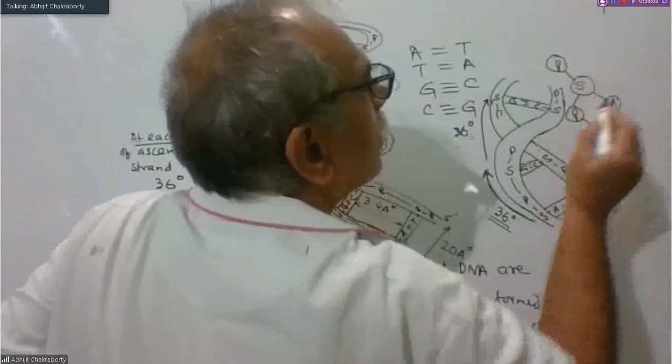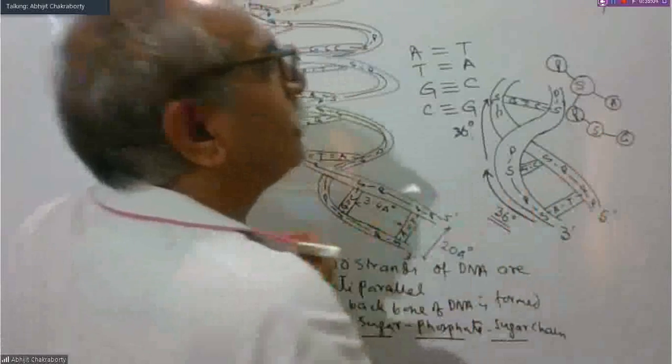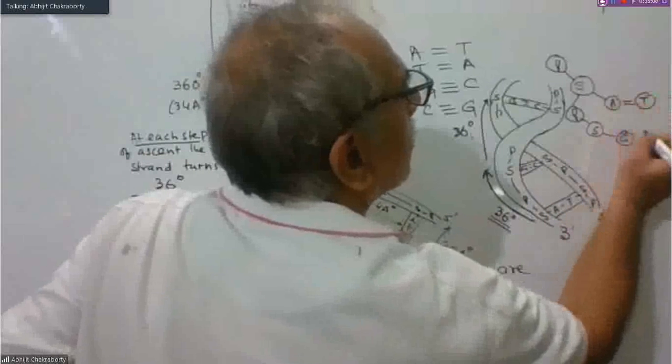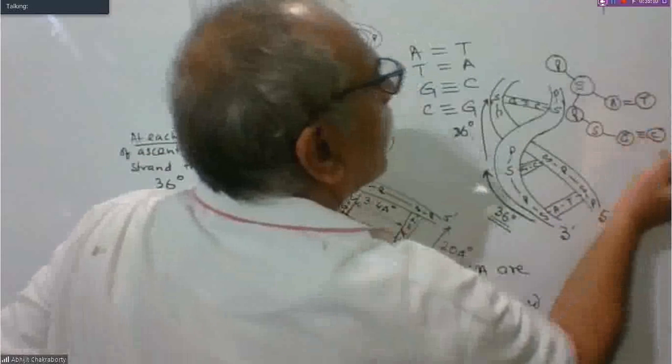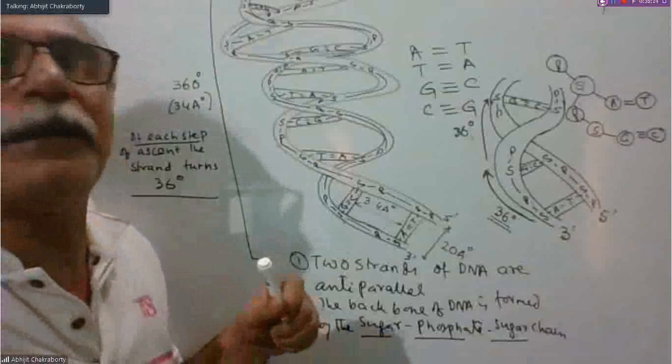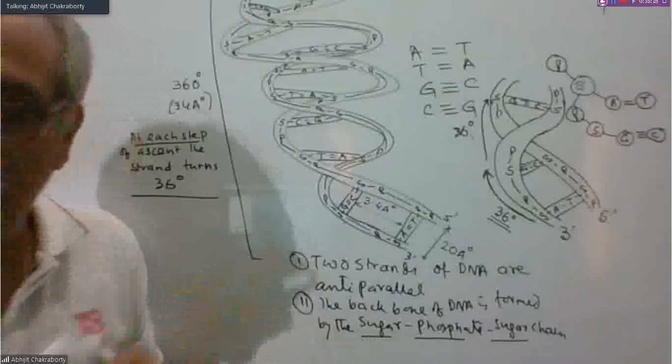In this way, you will get almost perpendicular to the base, and they are facing inwards. That's why they have written the nitrogenous bases are found perpendicular to the backbone of the sugar.